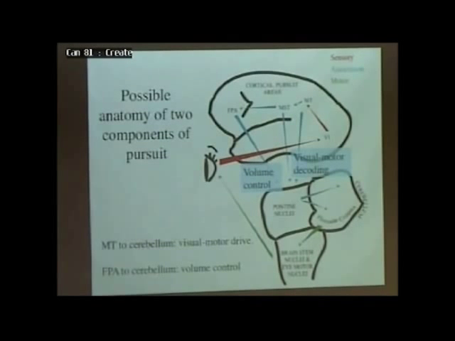And so we're now down to saying, okay, there's at least two components of pursuit. This has been part of the divide and conquer, right? We could account for the reflex aspect of pursuit with a visual motor decoding pathway directly from MT to the cerebellum. And that actually left us with extra parts. But now we start to know that those extra parts have other functions.